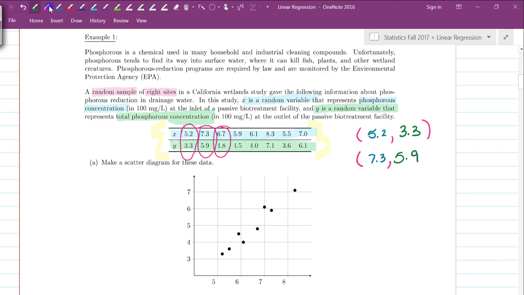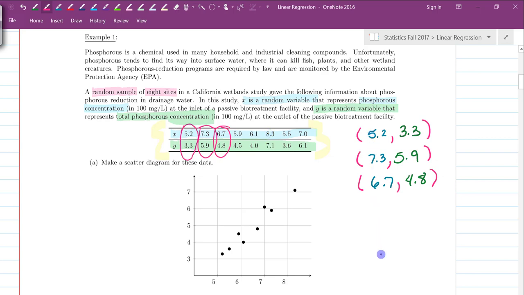Okay, so then we would come up with our third ordered pair, which would be 6.7 and 4.8. Okay, and then we would come up with our next one, which would be 5.9, 4.5. Our next one would be 6.1, 4.0. The next one would be 8.3 and 7.1. We just continue all the way down, okay?